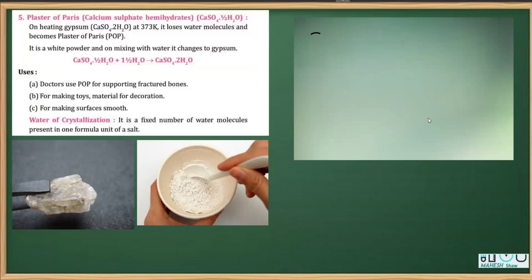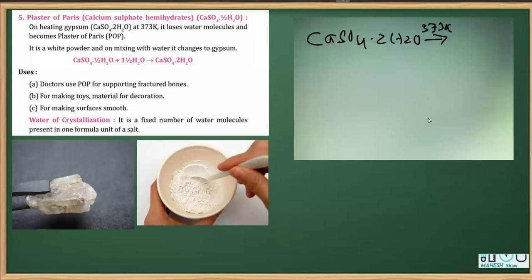So the reaction involved is when calcium sulfate dihydrate, because of two water molecules attached, is heated at 373 Kelvin. Sorry, this is gypsum. This is gypsum, that is calcium sulfate dihydrate.